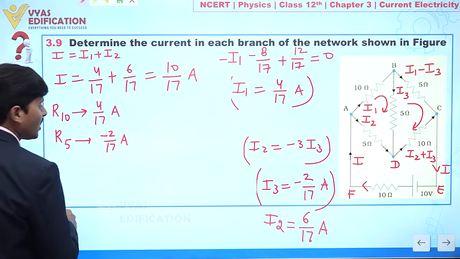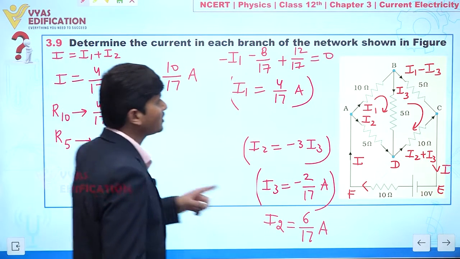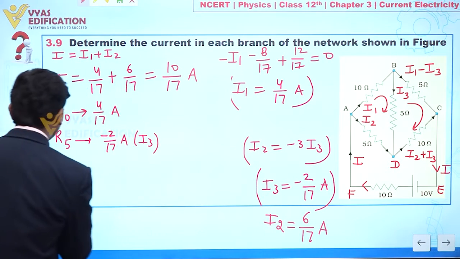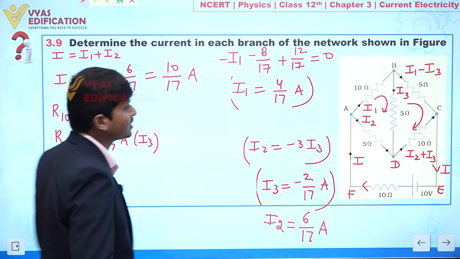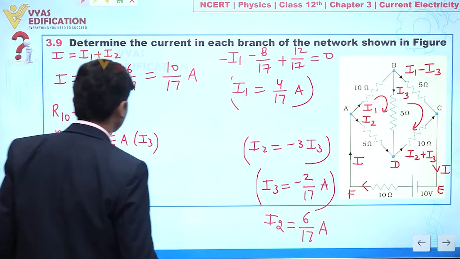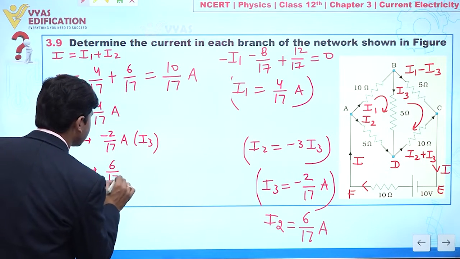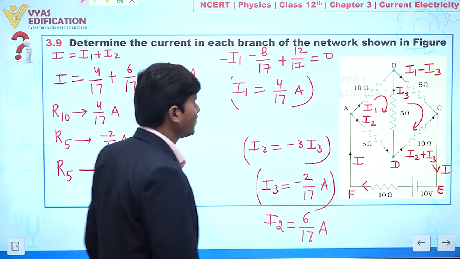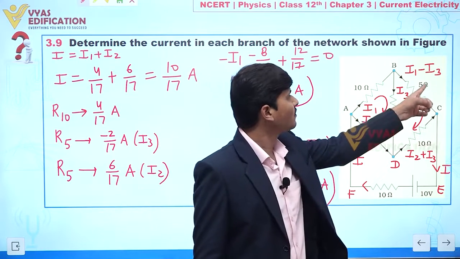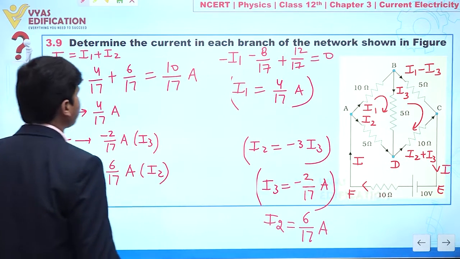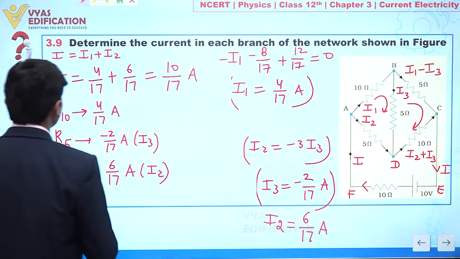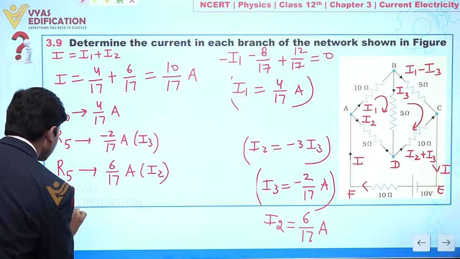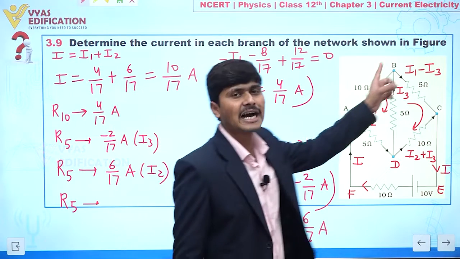So this is for the central one. I am just talking about I3 here. Here we have one more 5 ohm resistance, and the current going through it is I2, which is 6 by 17 ampere. Now if we talk about the 5 ohm resistance, we get I1 minus I3.